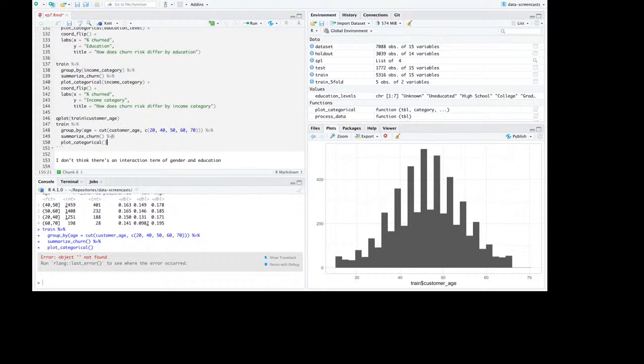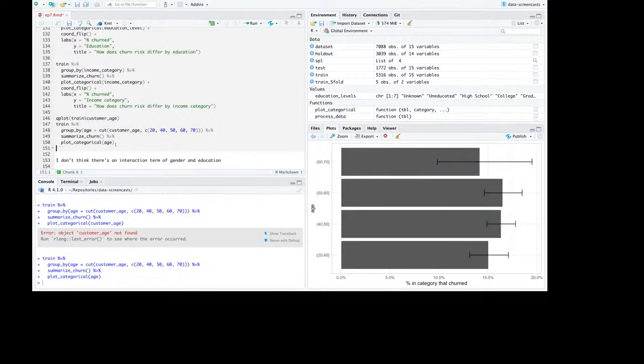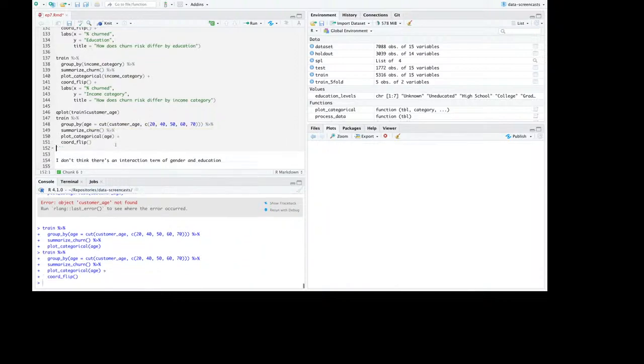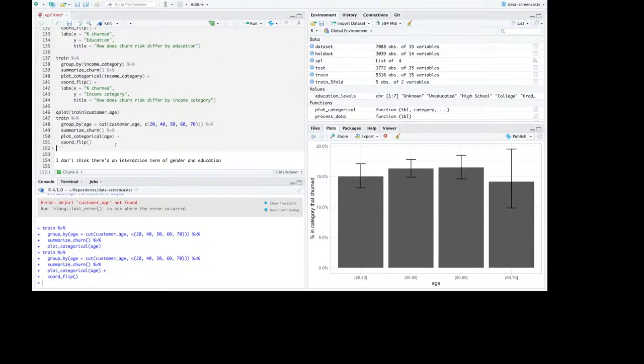Plot categorical of customer age. Yeah, so we see, no, not a ton. And let's actually look at all the numerics.